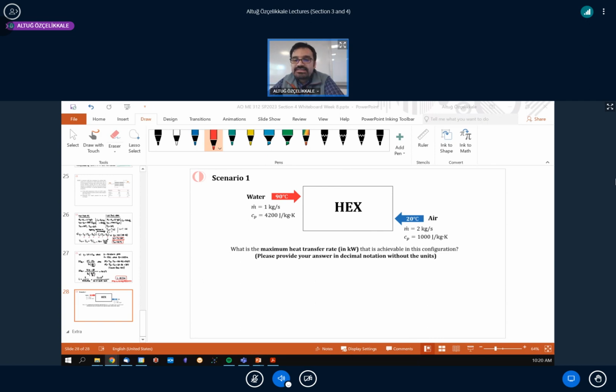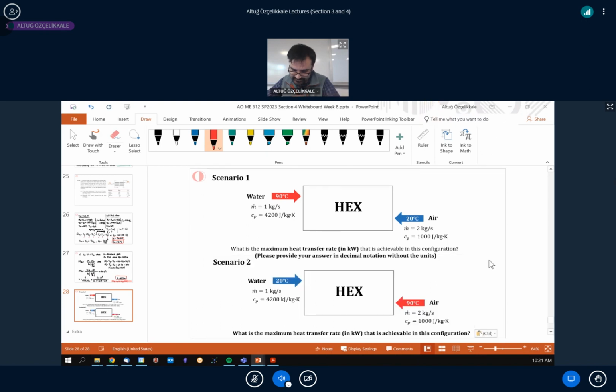And here is another scenario for you guys. I just reversed it. Water is the cold fluid now, and air is the hot fluid. Temperatures are the same.